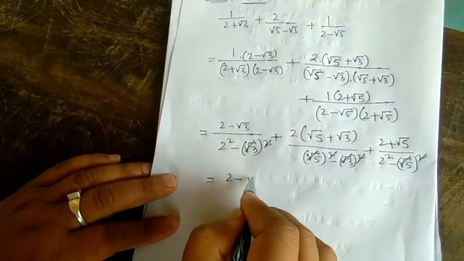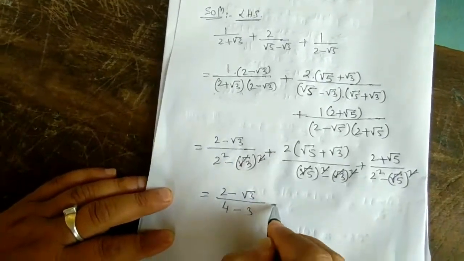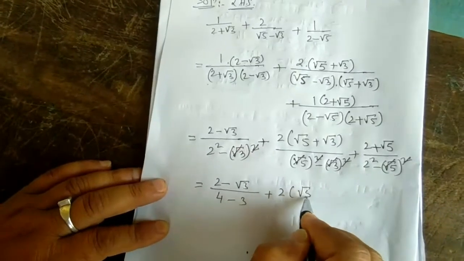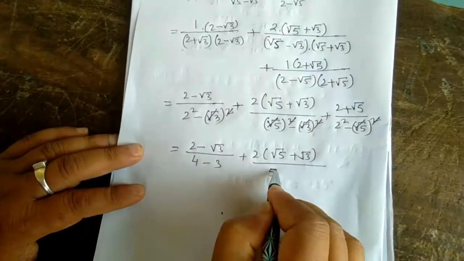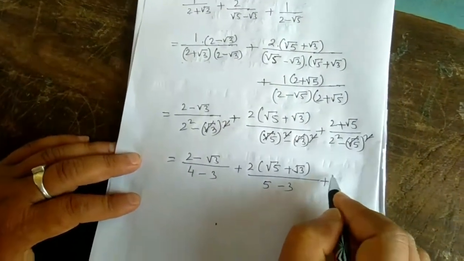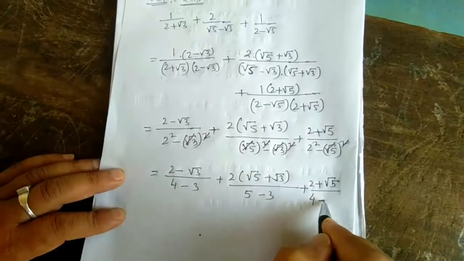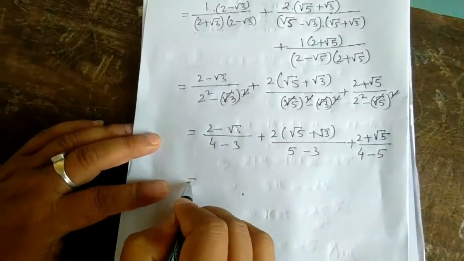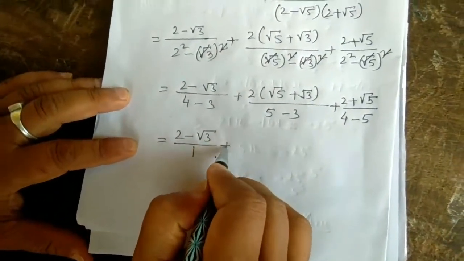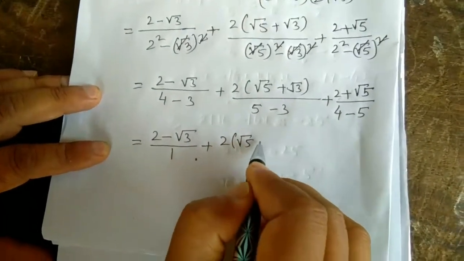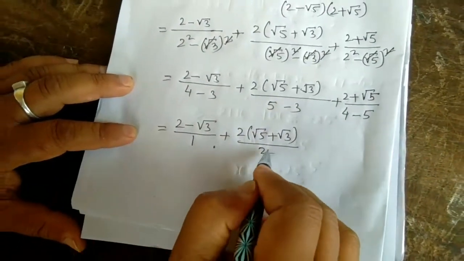So 2 minus root 3 by 2 to the 4 minus 3, plus 2 into root 5 plus root 3 by 5 minus 3, plus 2 plus root 5 by 2 to the 4 minus 5. 2 minus root 3, 4 minus 3 equal to 1, plus 2 into root 5 plus root 3, 5 minus 3 is 2, 2 cancel.